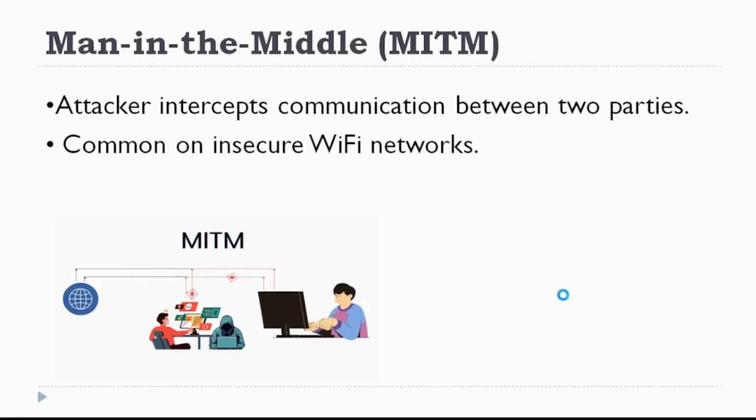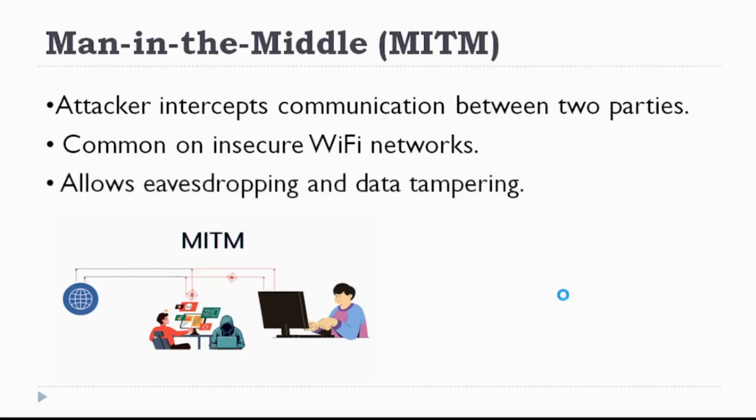This attack often happens on insecure Wi-Fi networks, and encryption and secure protocols help in preventing man in the middle attacks. So understanding these threats helps to build strong cyber security awareness.